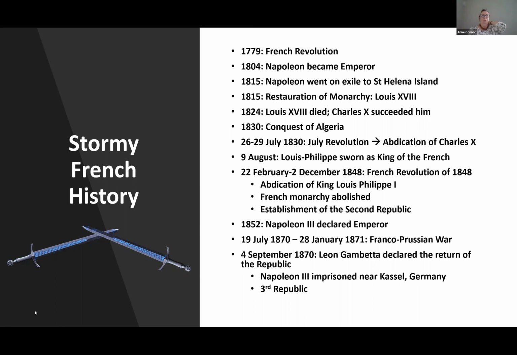The same year, we have the conquest of Algeria by the French. After the abdication of Charles X on the 9th of August, it's a cousin, Louis Philippe, who is sworn in as King of the French, not King of France. Big difference. It now becomes a parliamentary regime.